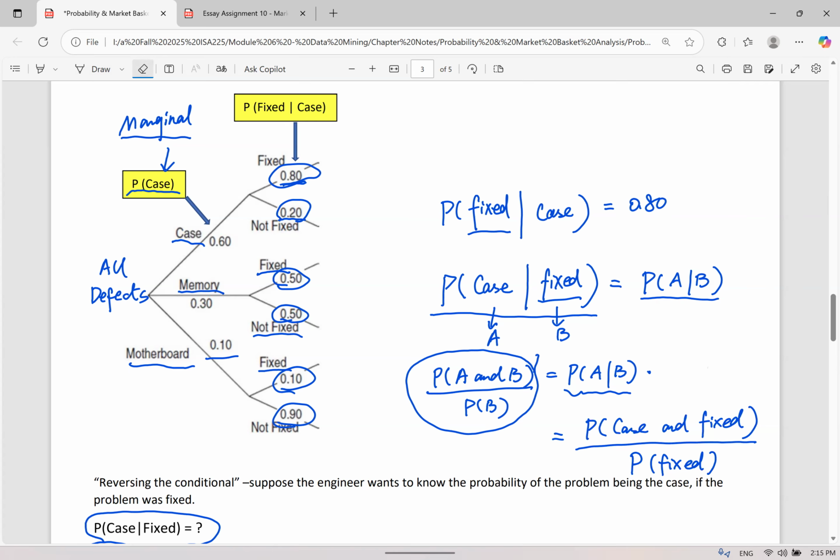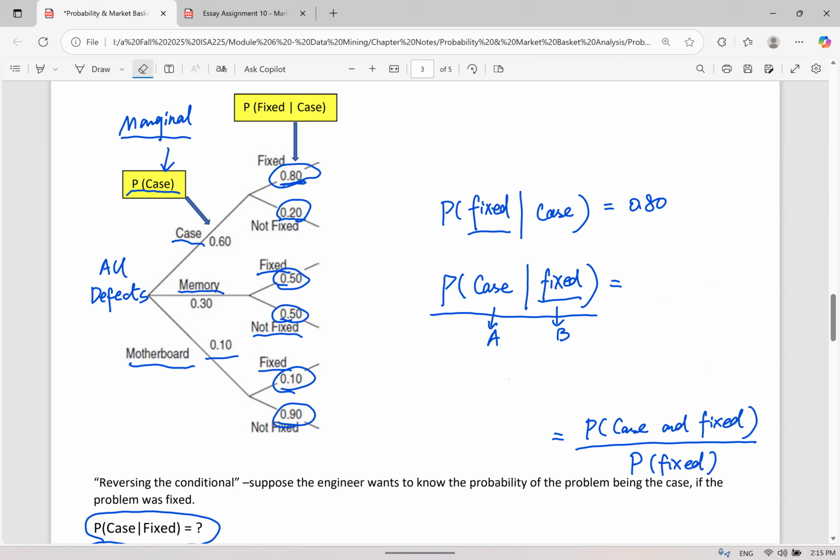All right. Okay, so now the whole problem will change. If I want to get the probability that, given it is fixed, this fixed problem is a case alignment problem, it can be obtained by this formula.